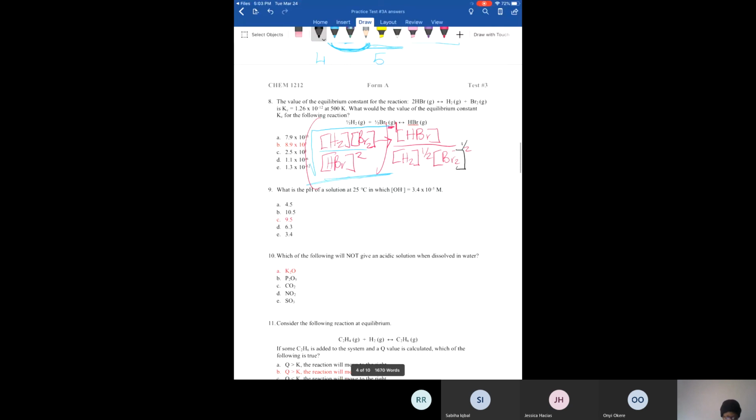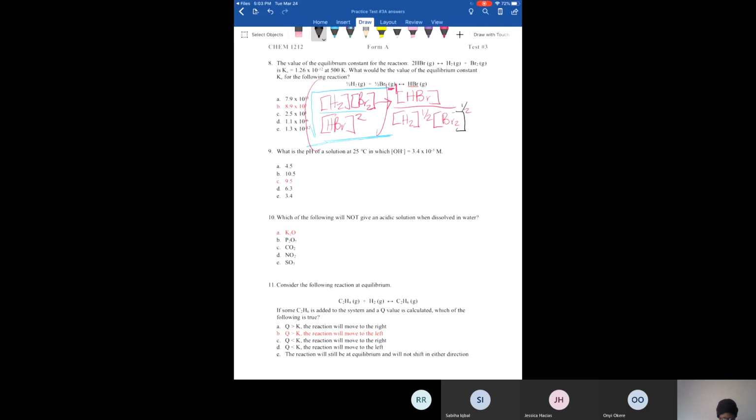Okay, so the pH of a solution at 25 degrees Celsius, in which the OH minus concentration is 3.4 times 10 to the negative 5. You can find your H3O plus concentration by taking 10 to the negative 14 divided by your OH minus concentration.